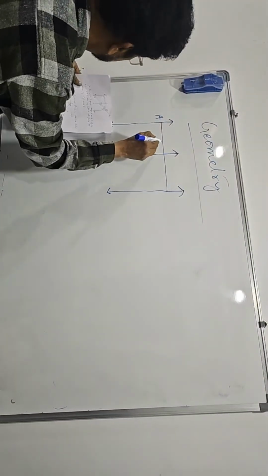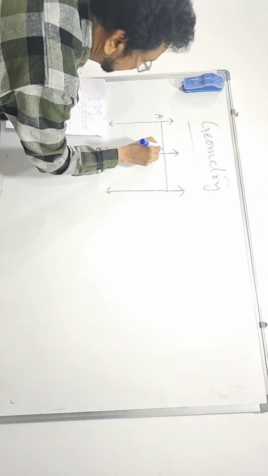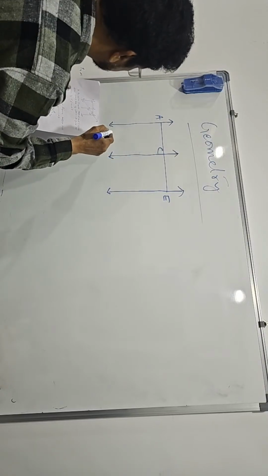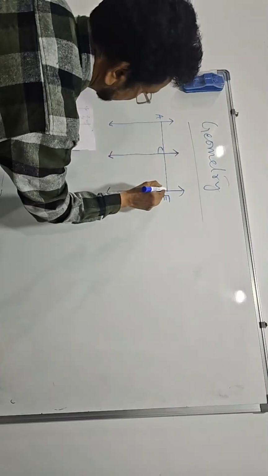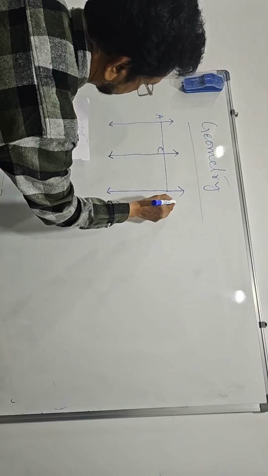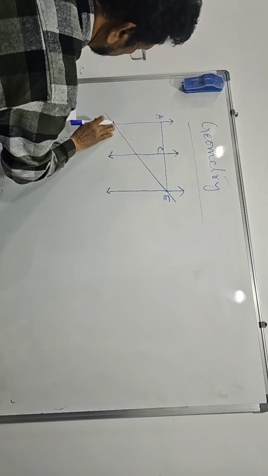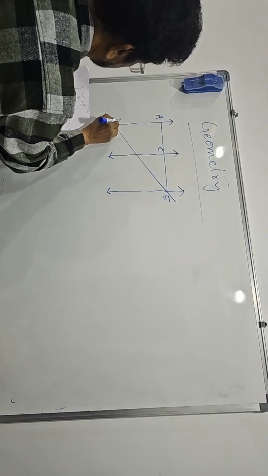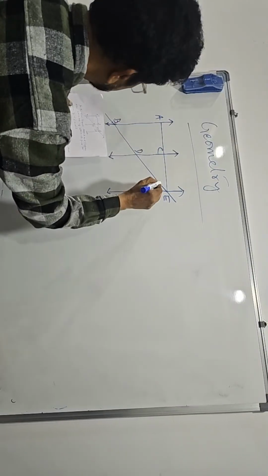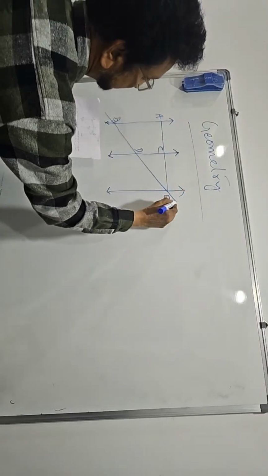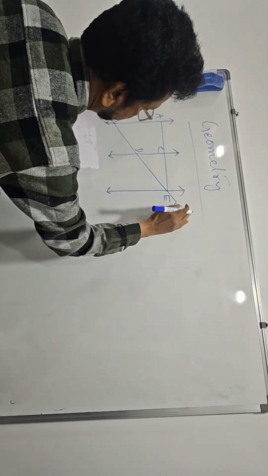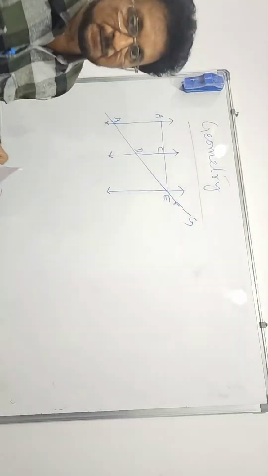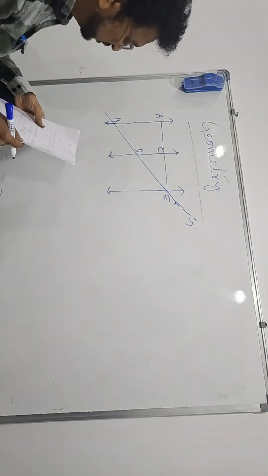This is A, this is C, this is E, and a line is passing through it. This line is B, D, E. It is extended up to G.